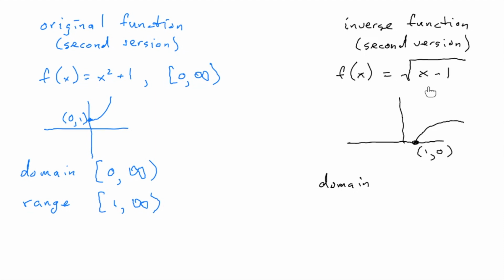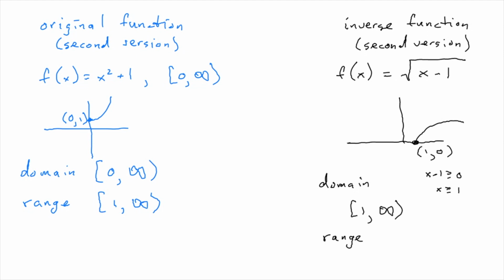And you can't take the square root of a negative. Oh, look, there's a square root. So x minus 1 has to be greater than or equal to 0. So x is greater than or equal to 1. Oh yeah, I got it. It's 1 to infinity.